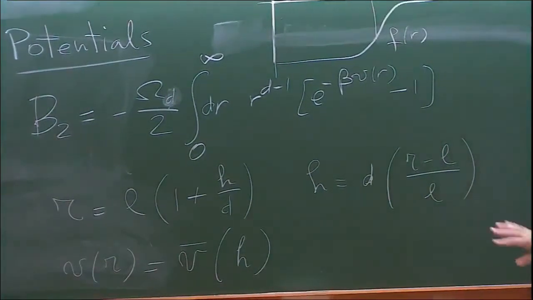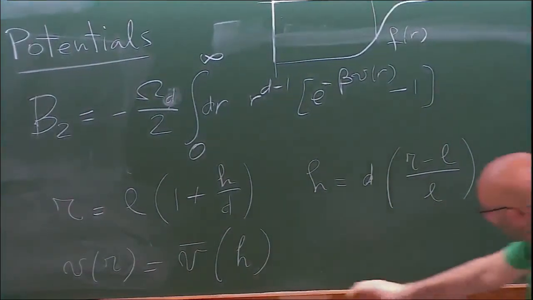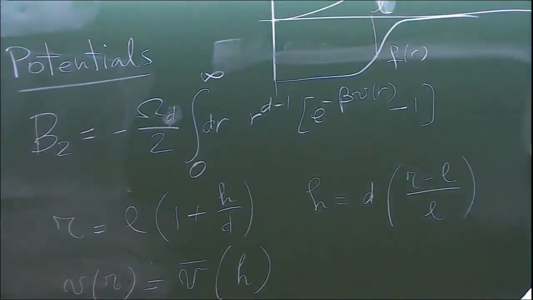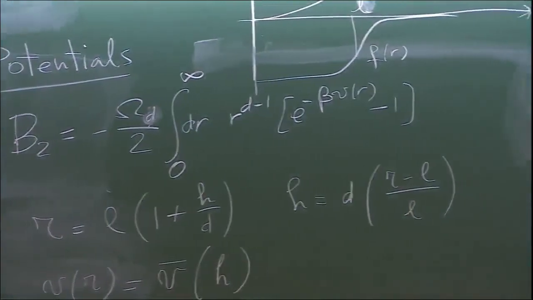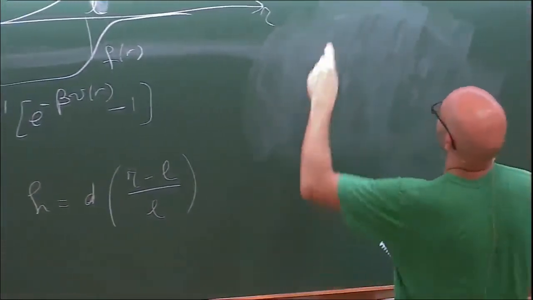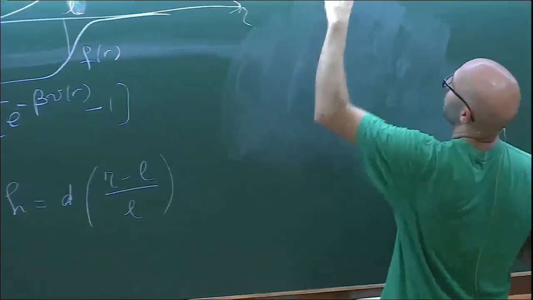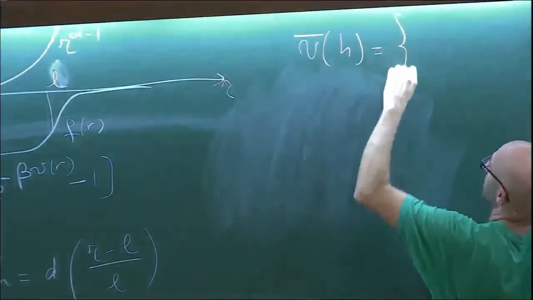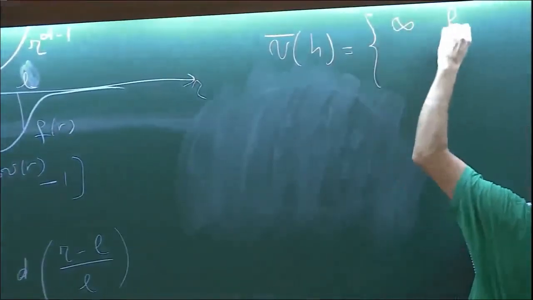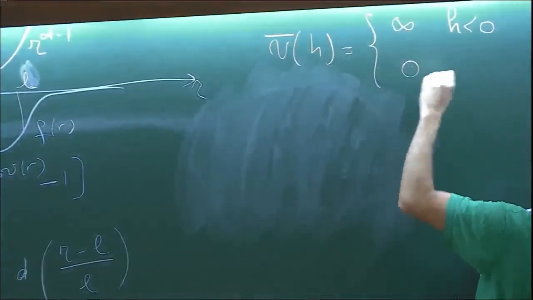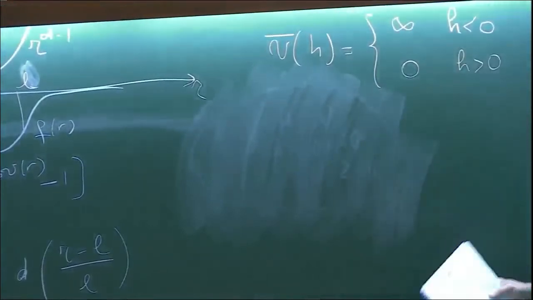I will give you examples. One example is hard spheres. For hard spheres, V bar of h would be infinity if h is negative, and 0 if h is positive, right?